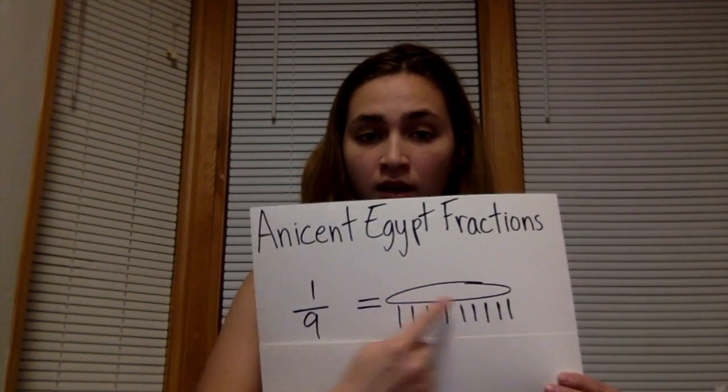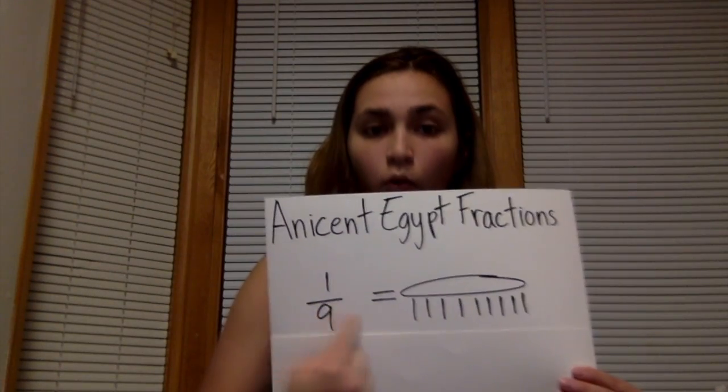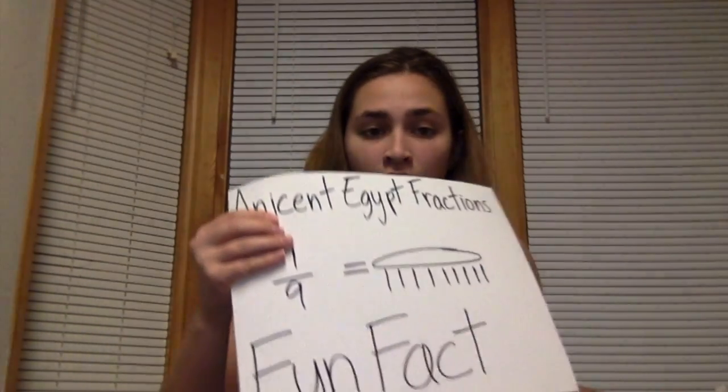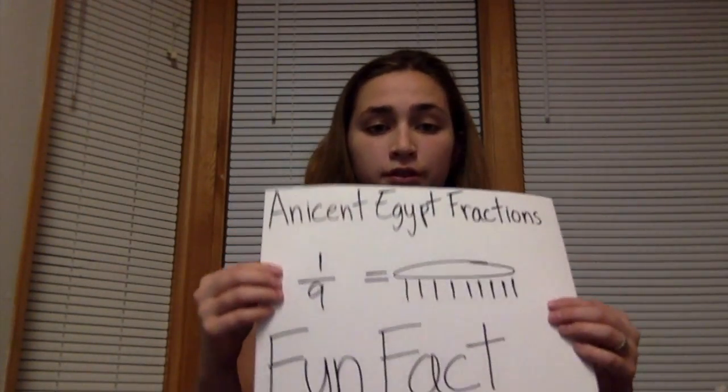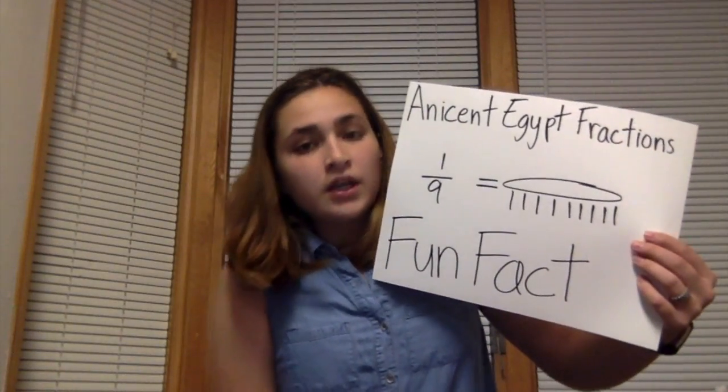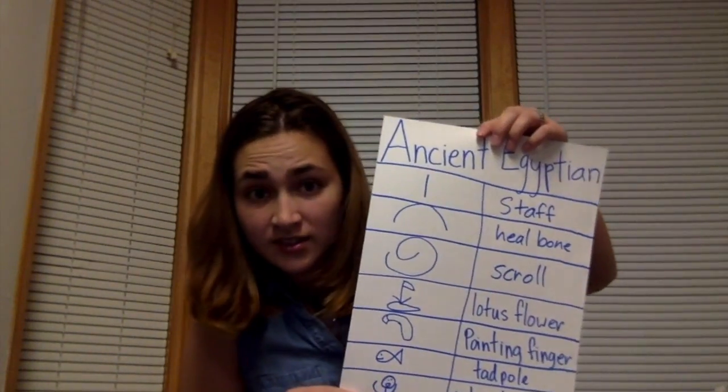So this means 1 over 9, 1/9. Fun fact, if you were to write the number 99,999, it would require you to use 45 symbols. That means that you are having to use 45 of these.